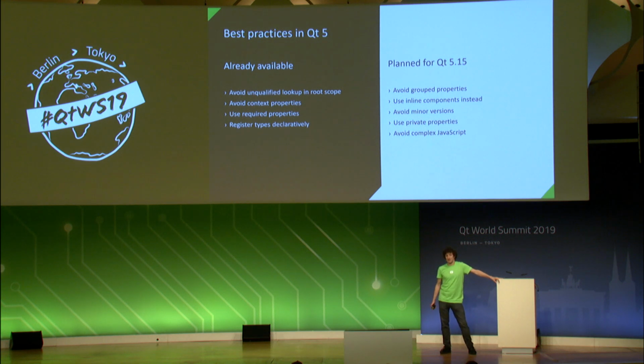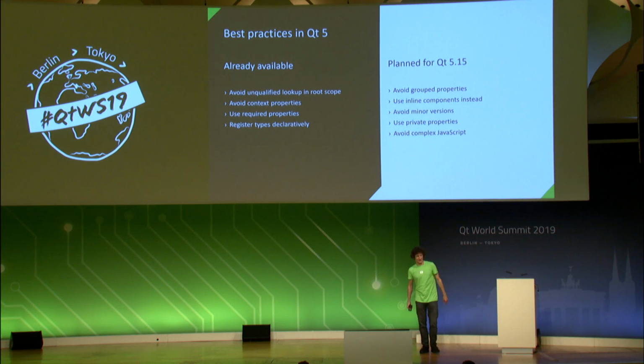So what you can already do right now, and what we can help you with already right now, is avoiding unqualified lookup in the root scope of a component, and avoiding context properties, and using required properties, mostly as a replacement for context properties, but also in other places. And you can register your types declaratively rather than calling QML register type somewhere in your library that the tooling will never find.